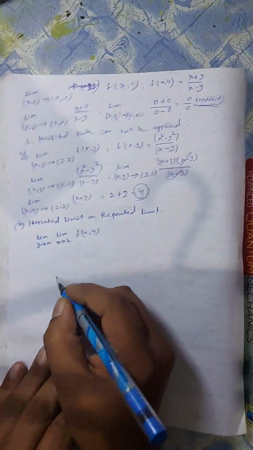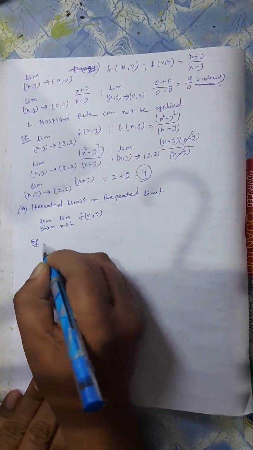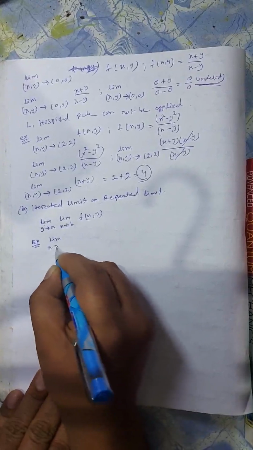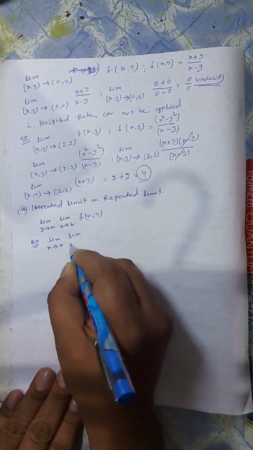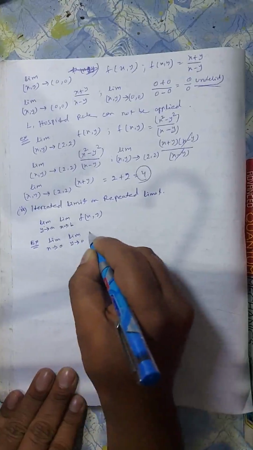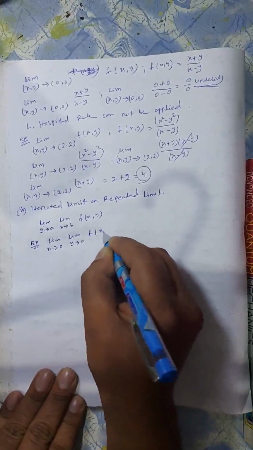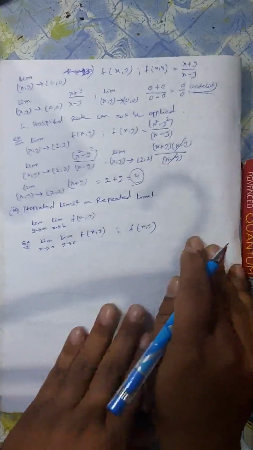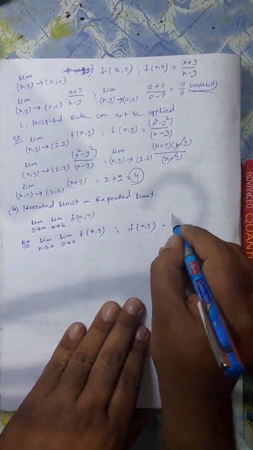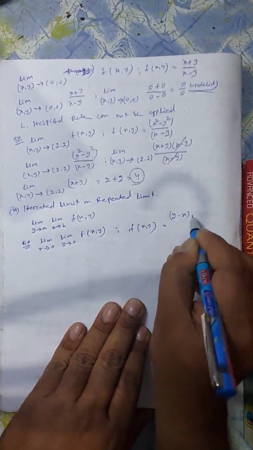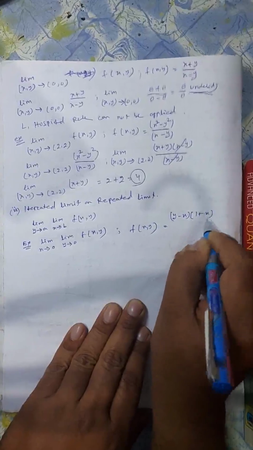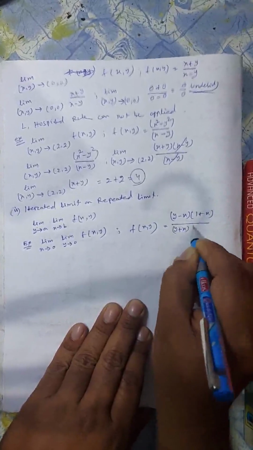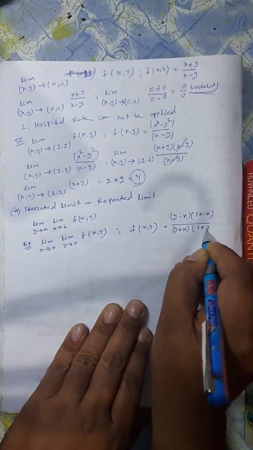Suppose I take one example. Suppose limit x tends to 0 and limit y tends to 0 of f of x,y. Suppose f of x,y is equal to (y minus x)(1 plus x) divided by (y plus x)(1 plus y).